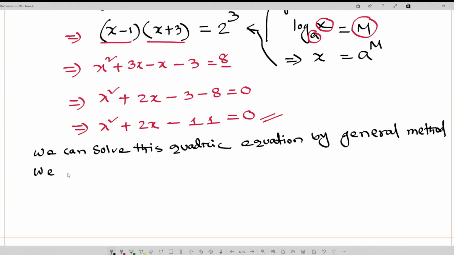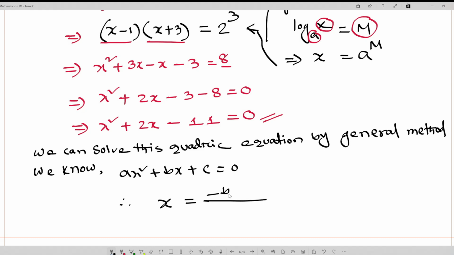We know ax square plus bx plus c equals 0. Here the formula is x equals minus b plus or minus root over b square minus 4ac, divided by 2a. This one we already know.